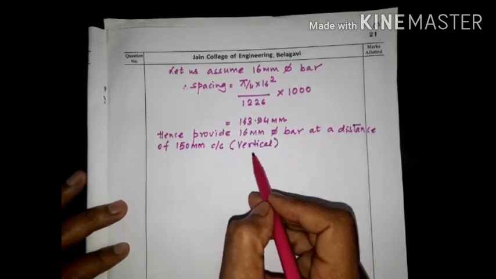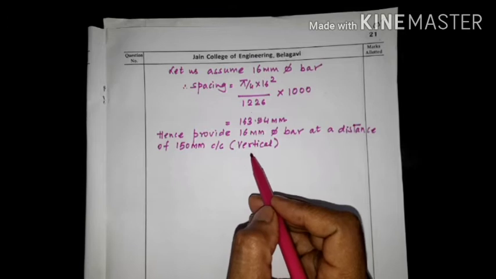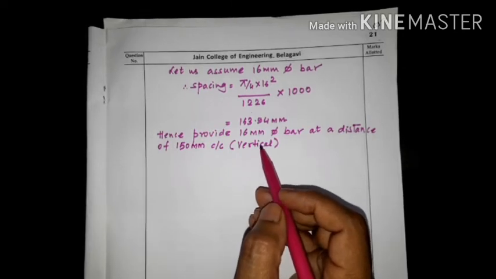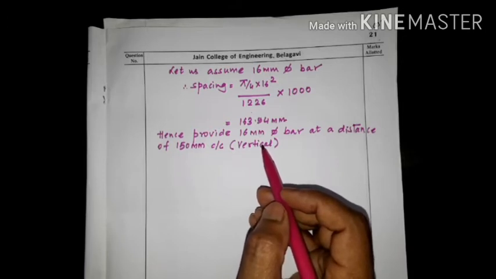Okay, so this is vertical reinforcement in the stem, because the bending moment will take place. So to resist that, we have to provide the vertical reinforcement. Whatever AST you calculate with respect to the bending moment, those bars we have to provide in vertical direction.